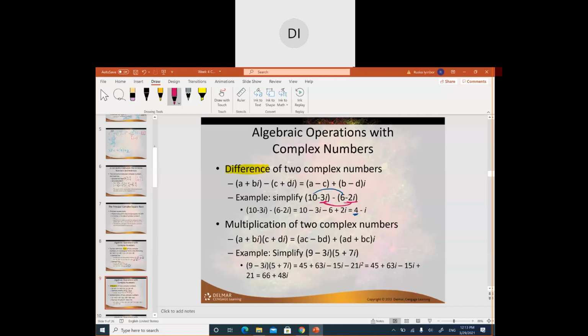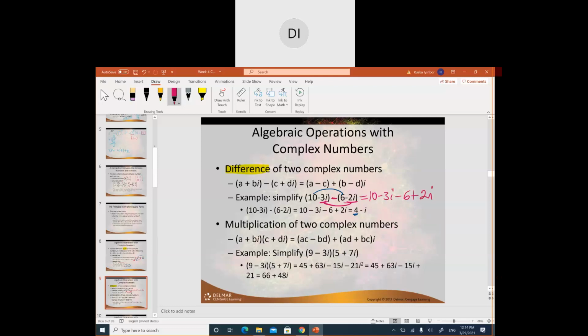So that's why it's better to break it down. Take off the parentheses, so it's better to do it this way. I'm going to write it here. Copy the first one, 10 minus 3i, and then distribute this negative. So it's going to be minus 6, and then minus and minus is going to be plus 2i.